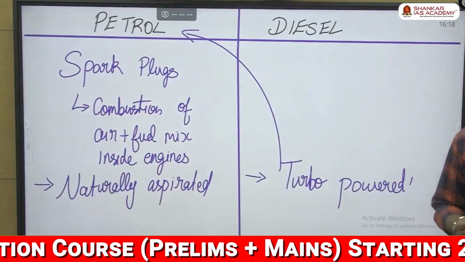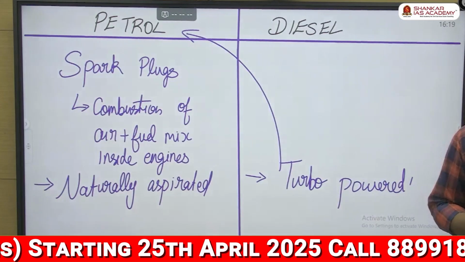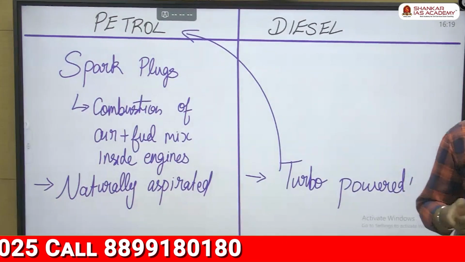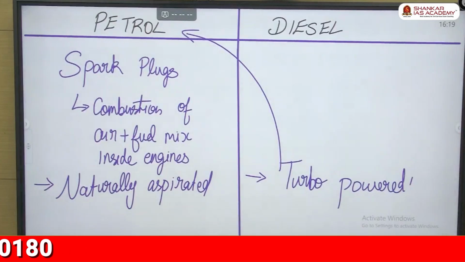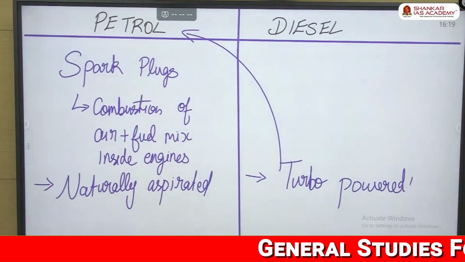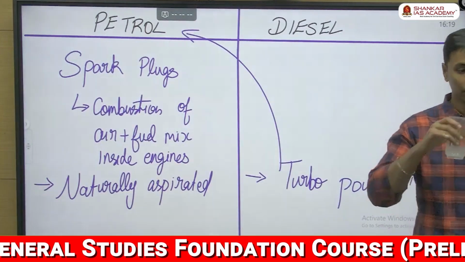And also you can write petrol engines are comparatively simple, but diesel engines are complicated. Petrol engines are economic, diesel engines are costlier.